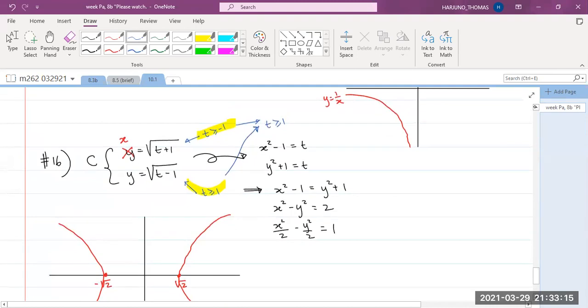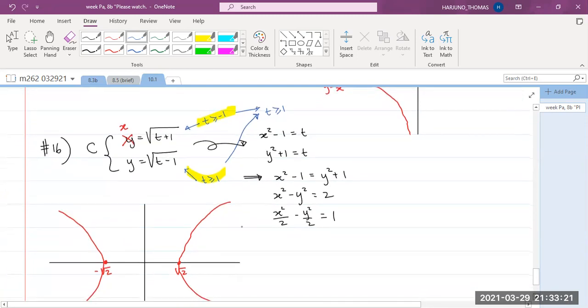That's the domain for this parametric equation. Now, when t is at least 1, the initial point, t equals 1, is here: square root of 2 comma 0. But y cannot be negative.